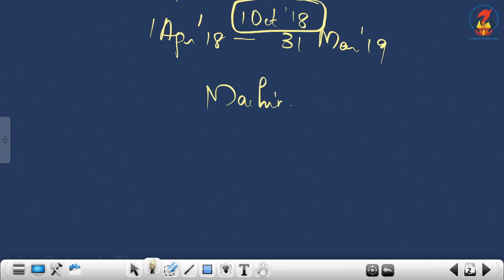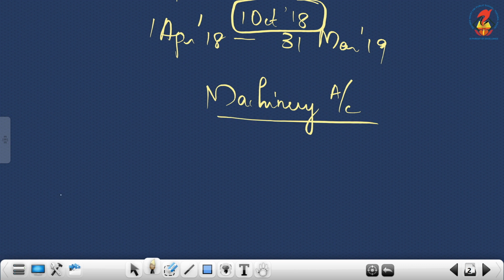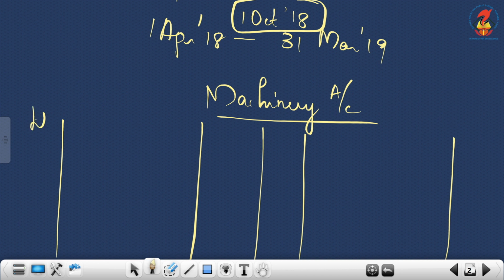Entire chapter we will be doing the fixed assets account. Not only machinery, any fixed asset. Then the format is date, particulars, amount, date, particulars, amount.